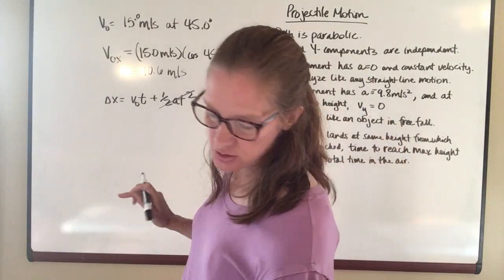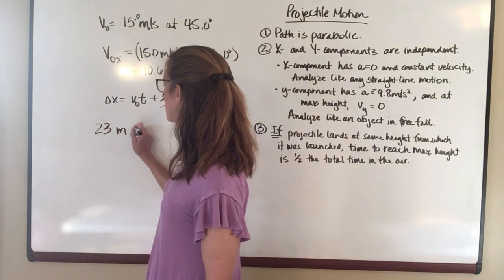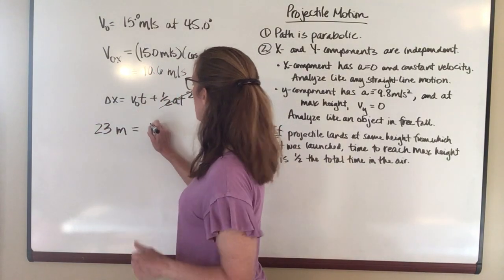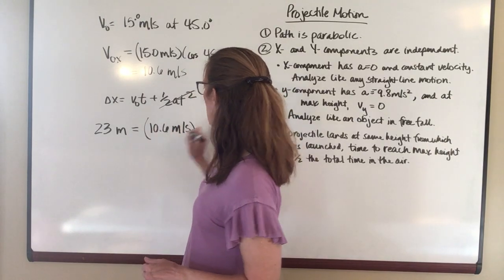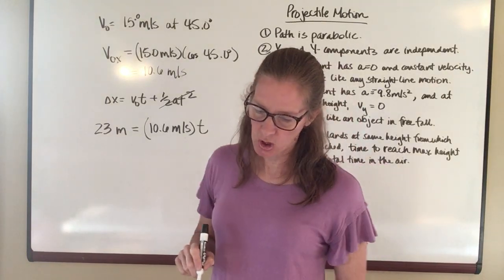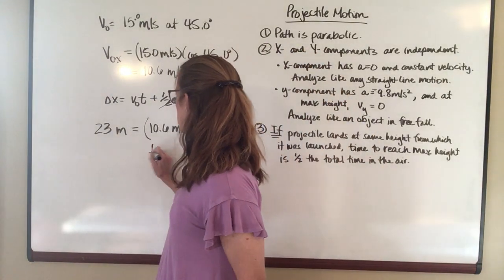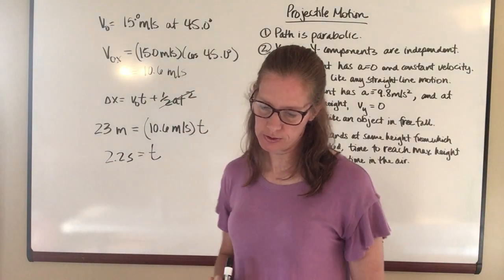I know that he is 23 meters down the field, so the 23 meters is going to go here. The initial velocity is 10.6 meters per second. And it's going to be a pretty simple matter at that point to solve for t. And t ends up to be 2.2 seconds down the field.